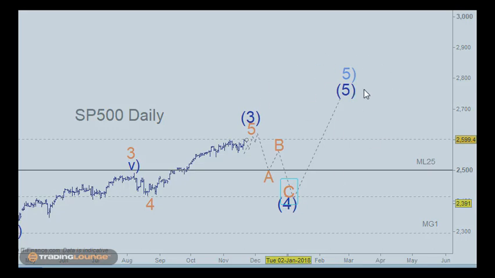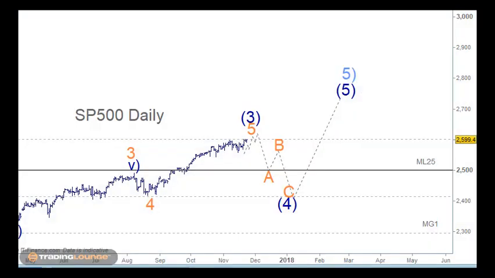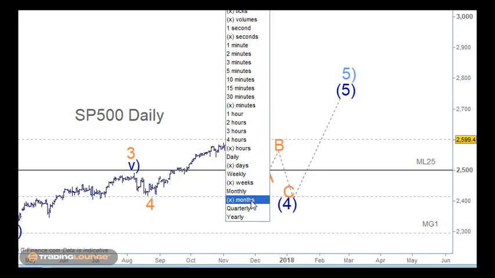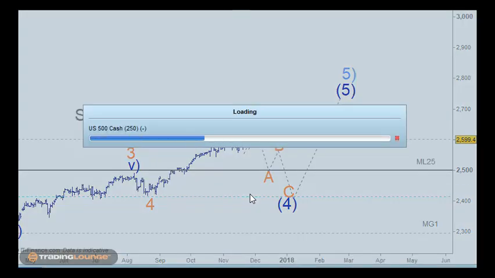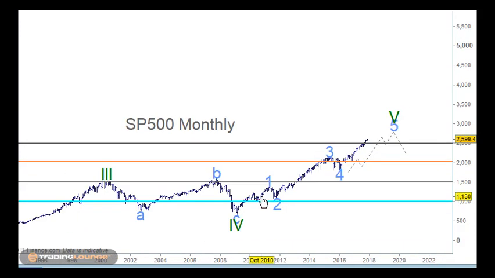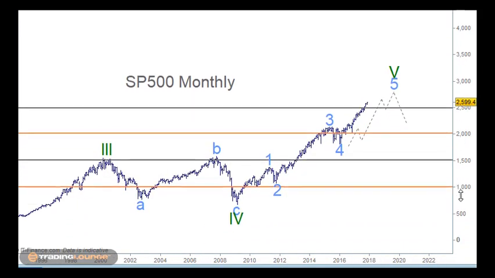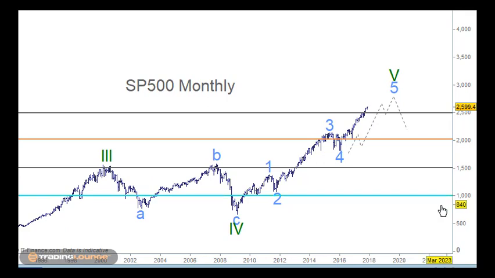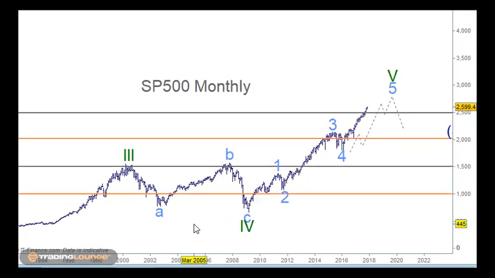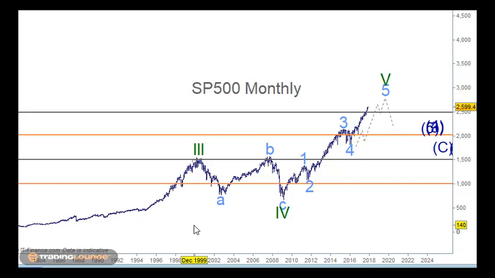But this wave 5 up here is really interesting, because if I go to maybe the monthly chart here, this cycle degree, it even goes back further. This trend that we're looking at here, I think it pretty much starts in the French Revolution.